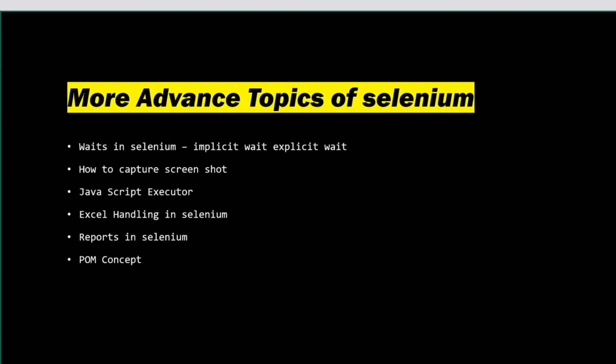And there are certain methods, like when you want to scroll a page vertically, meaning go down on a particular page, you can do that by JavaScript. So what is the JavaScript executor, what are the different methods inside it, and how can we do this, we'll cover in the JavaScript executor.